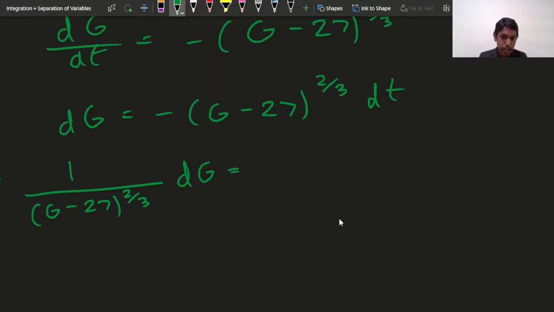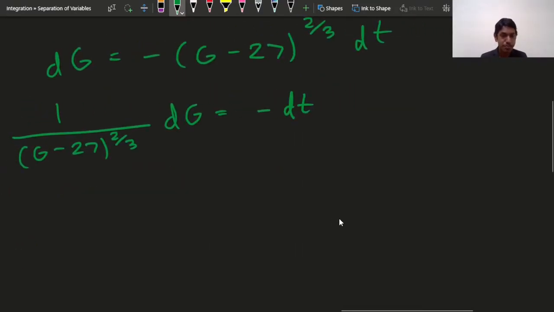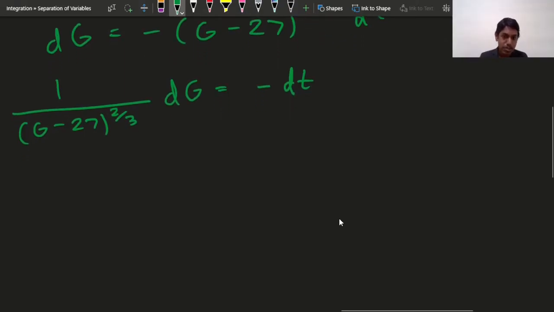And I'm going to leave that minus sign just hanging there because I don't want to have to deal with it on the other side. So now what happens? Well, we can do a u sub on the left side, right? Because this is a rational function and you've got some linear term here. So u sub is a good try, and in this case that's what we'll end up doing.